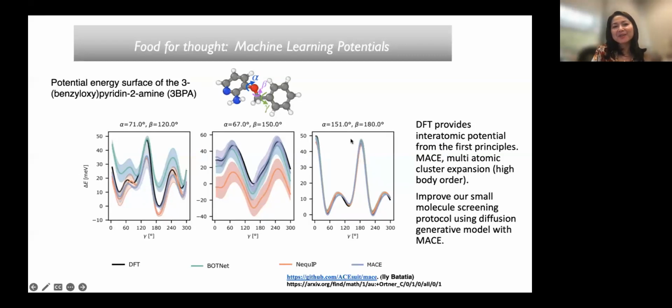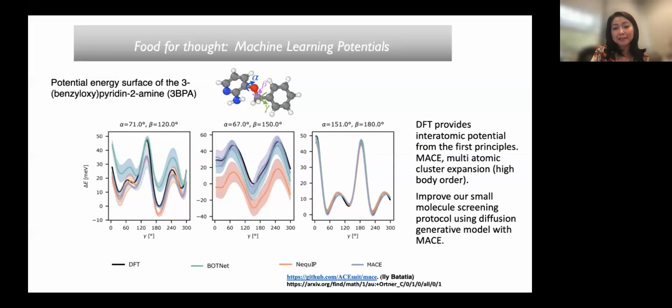Just to show you what it can do, here is an example of the potential surface of the Gibbs free energy of a pyrimidine to amine, denoted A3PA, and MACE, with its multi-atom centered clustering, comes quite close to the first principles calculation from DFT.